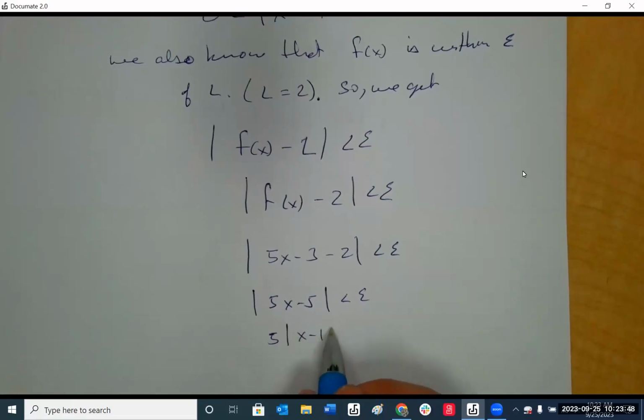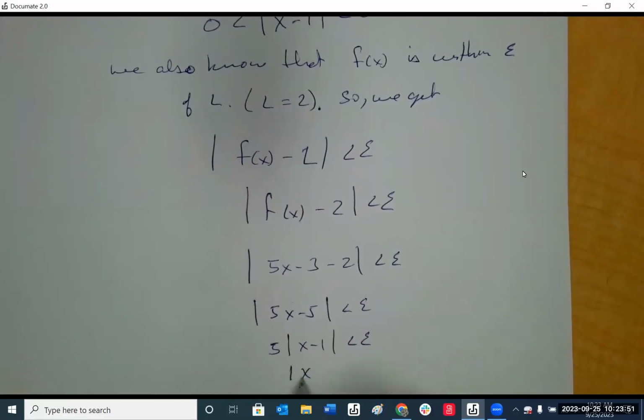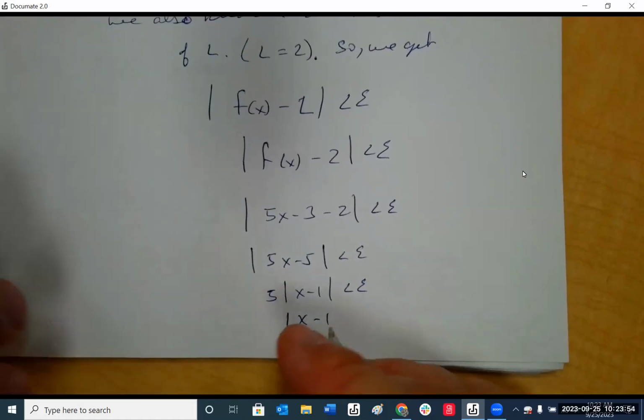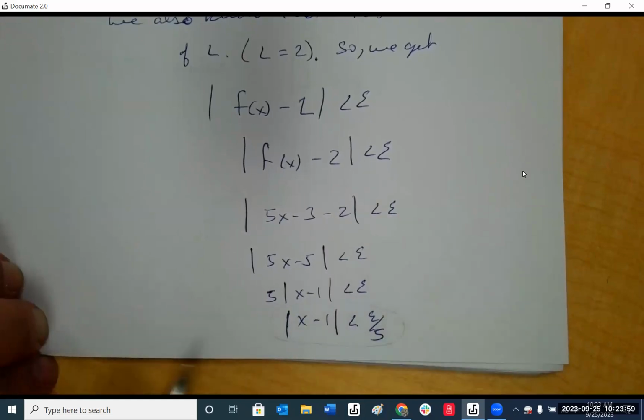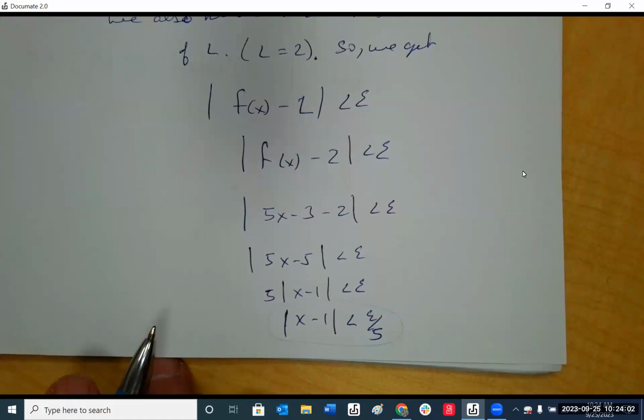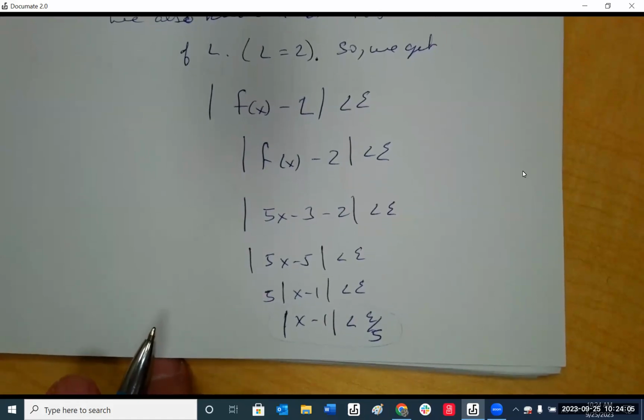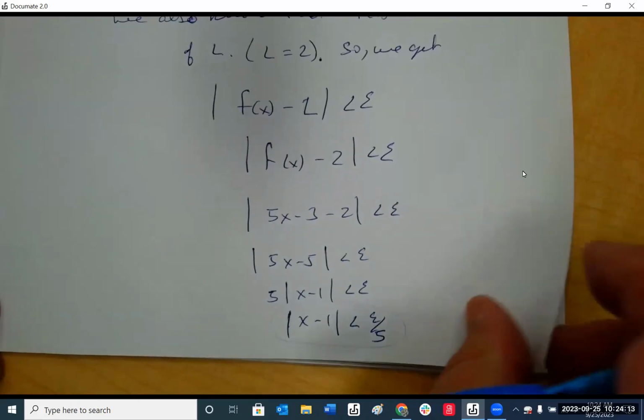5 can be factored out. So we know that the absolute value of x minus 1 is less than epsilon divided by 5. Now we've got to put those two together.